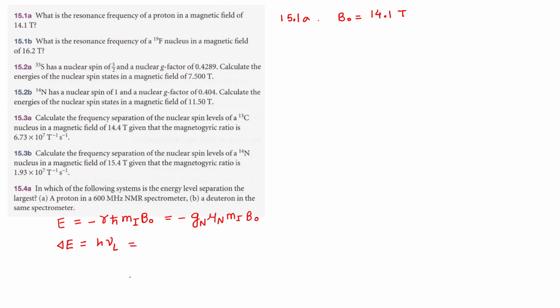In terms of the G factor and nuclear magneton, you are going to get Gn mu n B0, or in terms of gamma, you are going to get gamma h cross B0, because for a proton there are two states, alpha which is plus half mi and beta which is minus half mi.